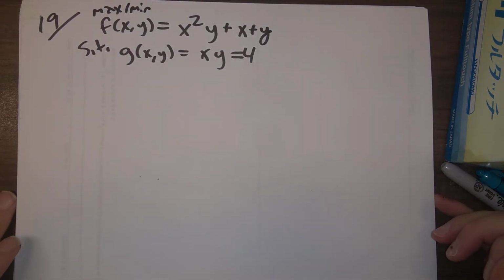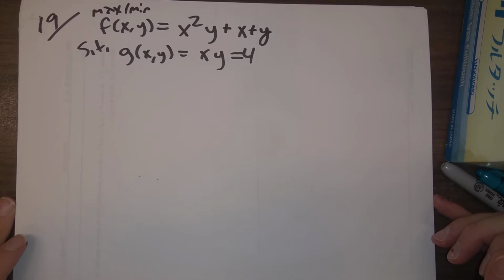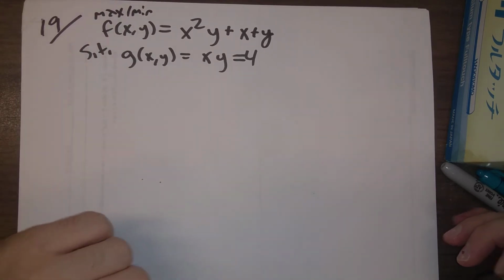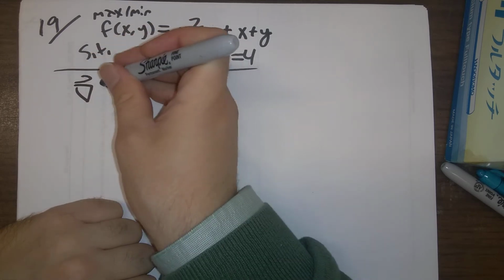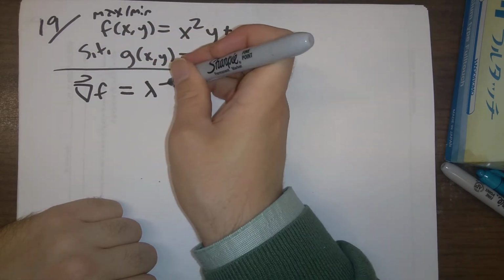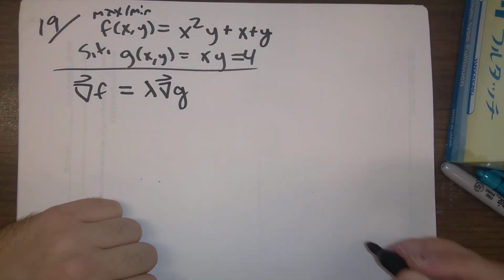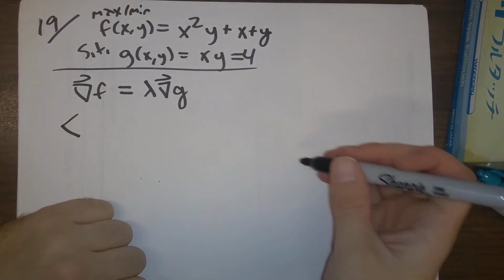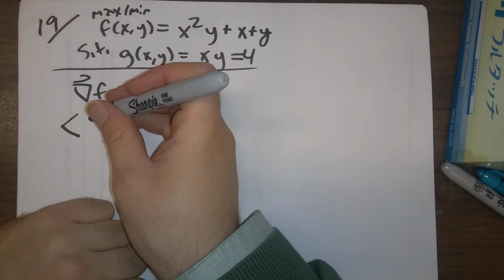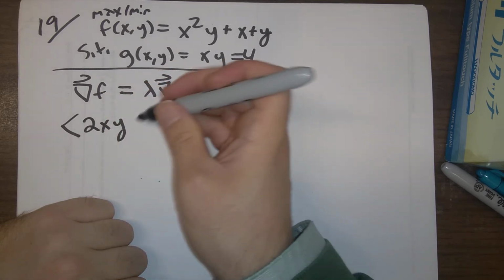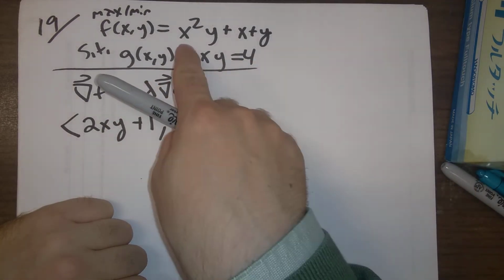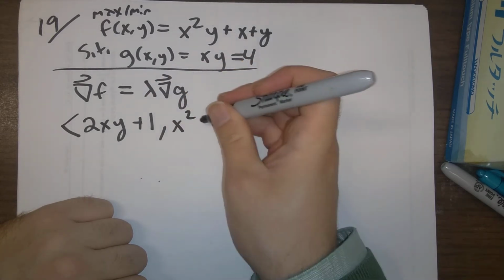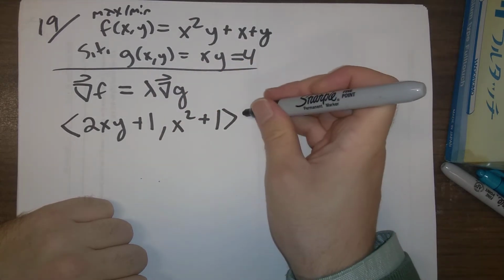So it looks like we should use Lagrange multipliers. So let's go ahead and use Lagrange multipliers here and see what happens. So gradient f is equal to lambda times the gradient of g. The gradient of f is going to be 2xy plus 1, and x squared plus 1.